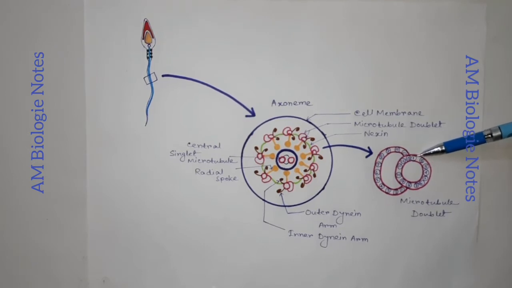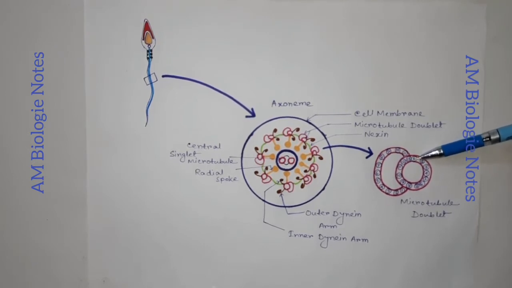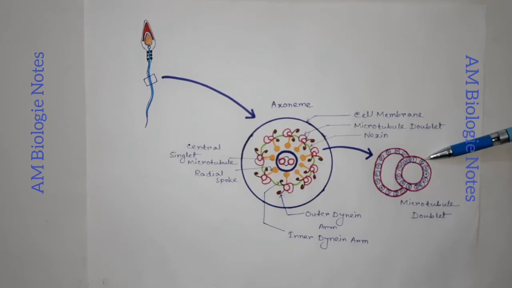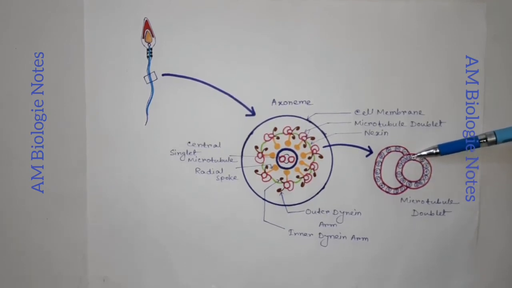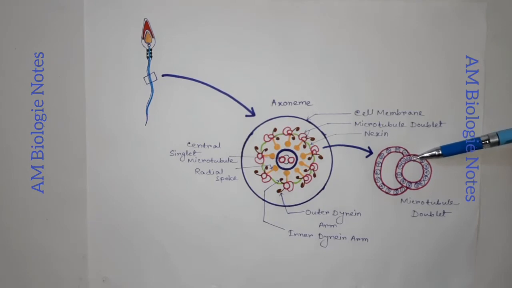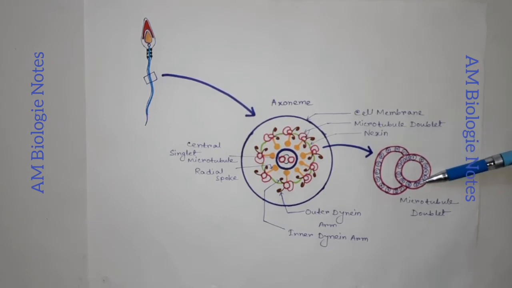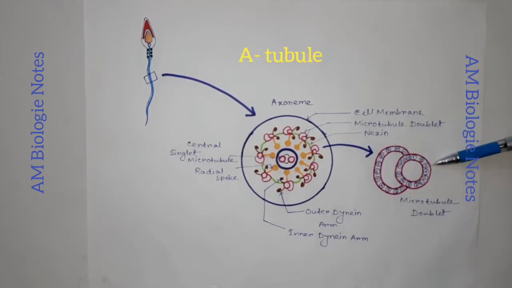The protofilaments are represented by numbering like 1, 2, 3, etc., up to 13. You can see the numbering properly. We can call this microtubule the A tubule.